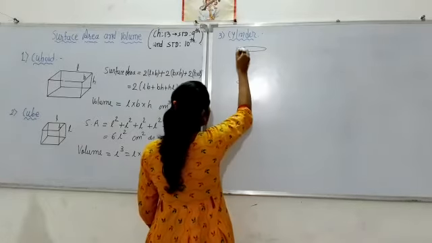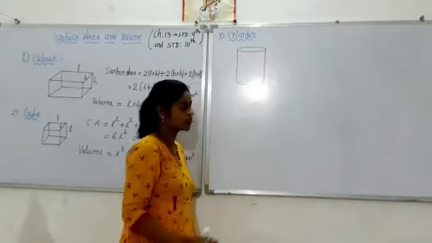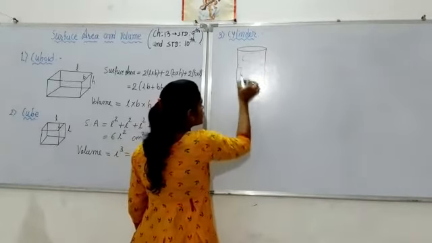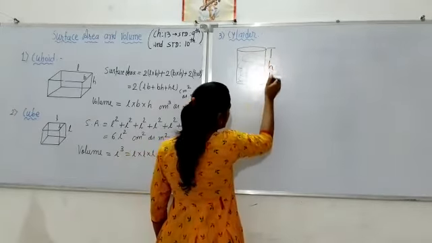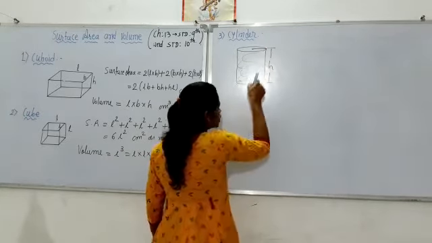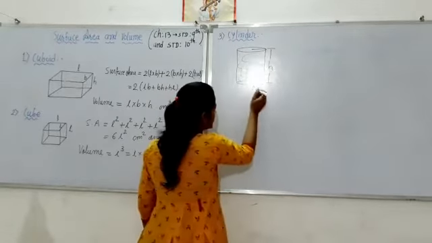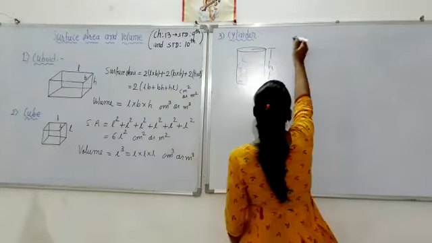So you have a stack of circles and obtain a cylinder. Now for this cylinder I take the height as H, and these are the circles. Both circles are equal. We take the radius as R. Now its surface area.